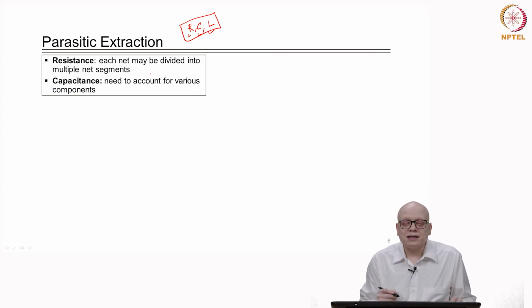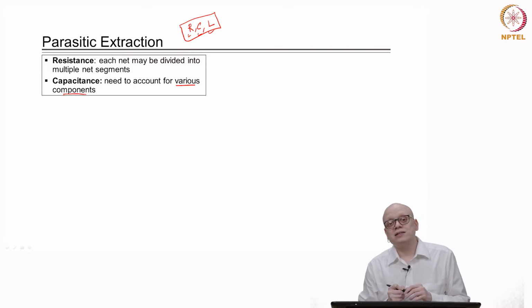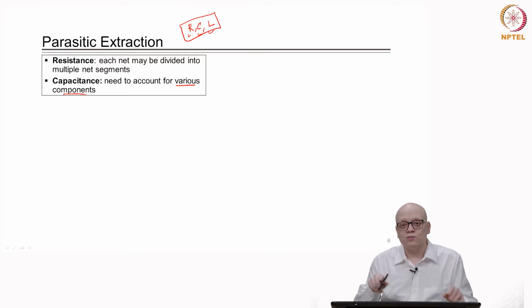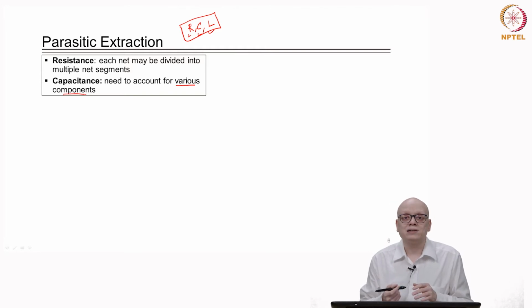Now, capacitance extraction needs to be done such that all the various components that we discussed in our earlier lectures are considered. If there are wires, and there are other wires in their vicinity, then there are various kinds of coupling capacitances.